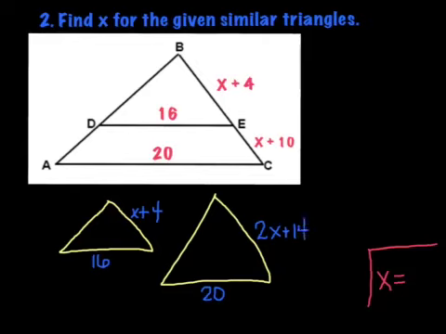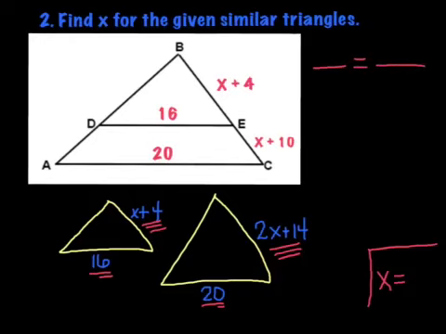Okay, so now we can go ahead and set up our proportion. We know that 16 goes with 20, and x plus 4 goes with 2x plus 14. So I'm going to set up a proportion and solve for x.